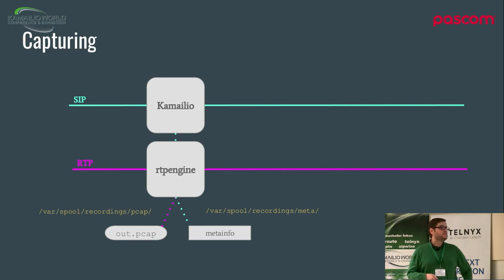The other is a meta information file providing you with SDP information so you can correlate PCAPs with call information, because in the meta information you're going to have call IDs and via branches and stuff like that. The important part there is you need to make sure that your file system obviously doesn't run full. That's a bit dangerous, but you just need to do your housekeeping on that side.